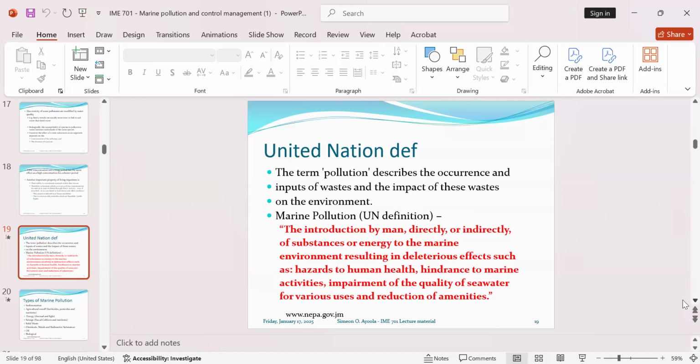Now, if you look at the UN definition, because they are more concerned about the health of organisms and the health of man, they tailor their definition to capture both organisms and man.